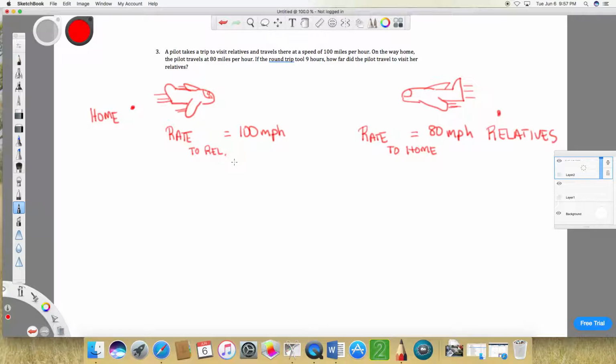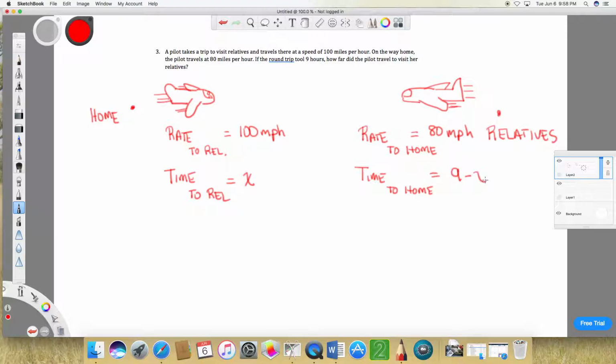The length of time that we're flying to go see the relatives, well, let's let that be our unknown. Let's let that be x. If I wanted to, I could let it be t for time, but I'm just going to let it be x. The time to return home, we know the total trip was 9 hours.